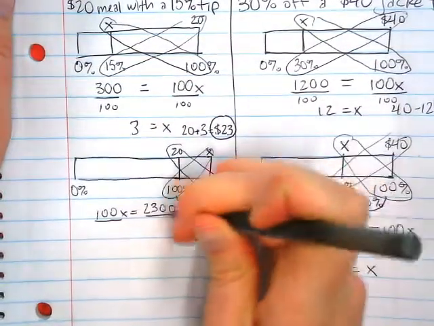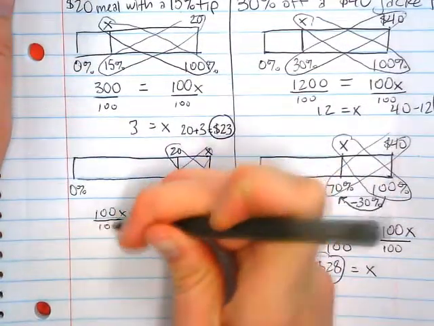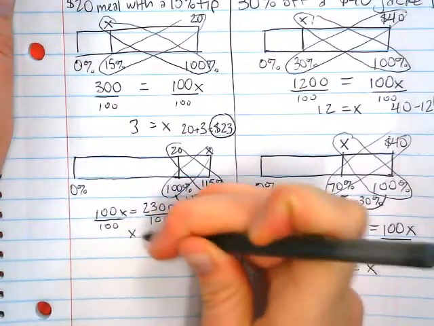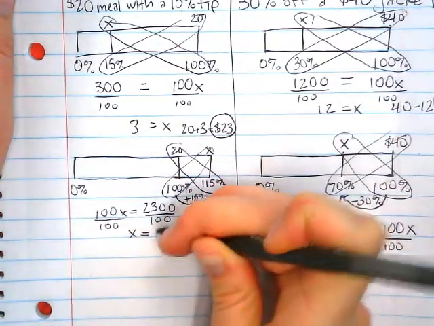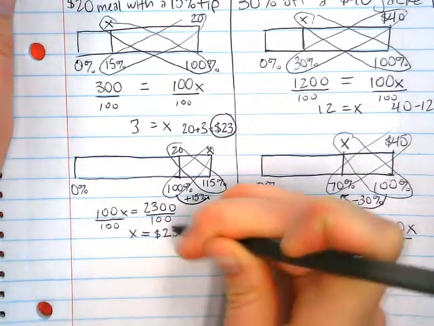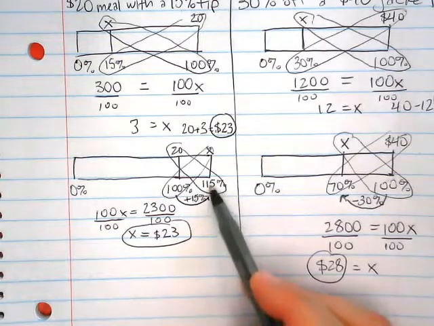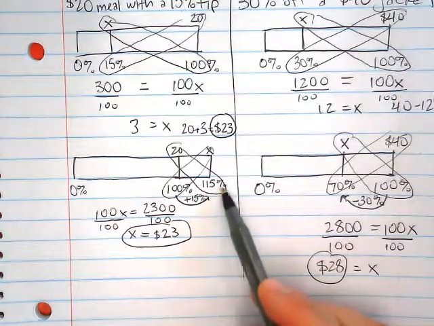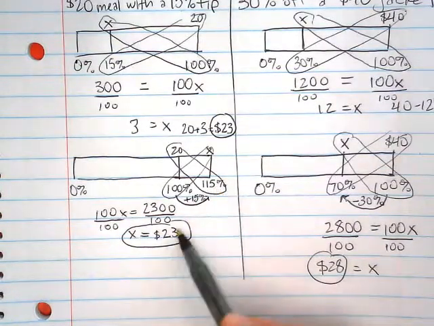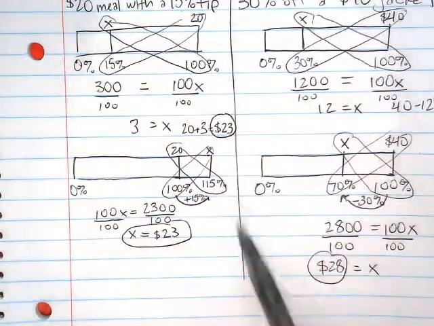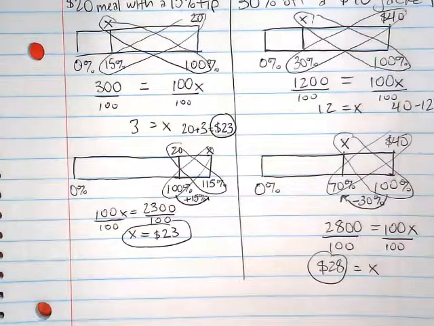So I'm going to go ahead and divide both sides by 100. We'll get x equals 23. Now in this case, I know that's my final answer because I already added on the 15% before I even cross multiplied. And it's the same answer that we got in strategy 1. So both of these strategies are very similar, but you can choose which one makes more sense to you or which one goes more quickly for you.